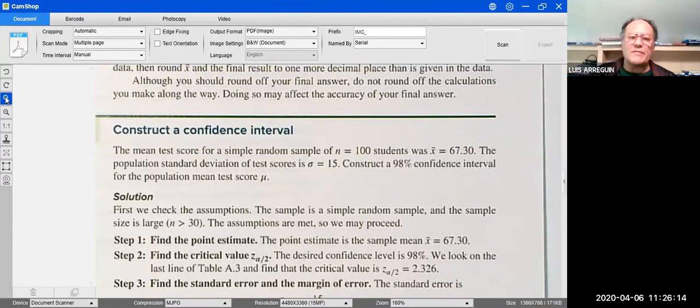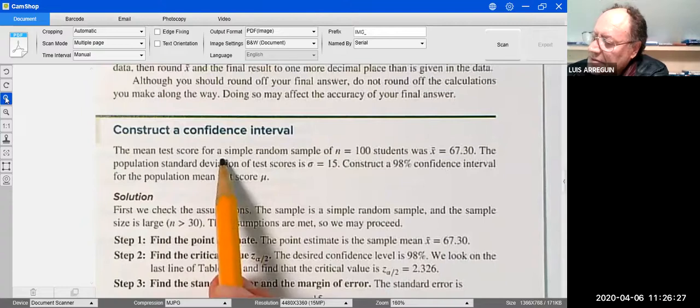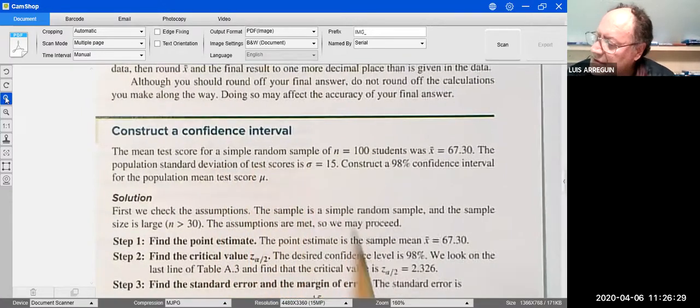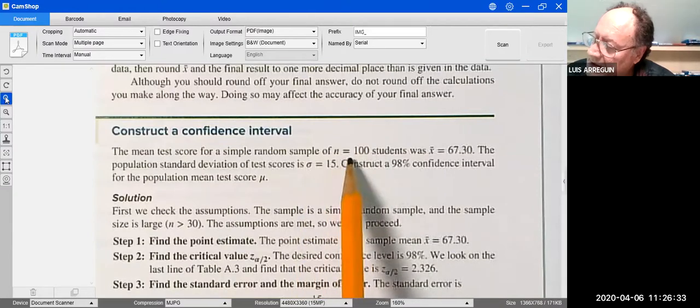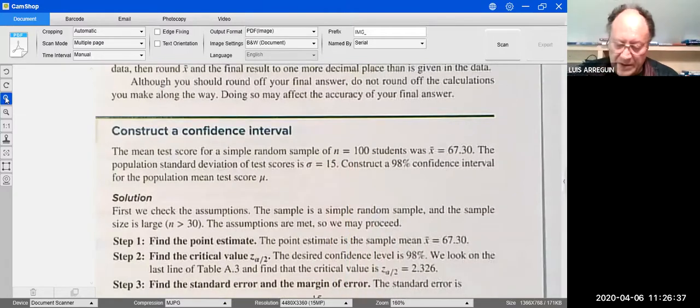So that's our problem. Your book suggests first checking the assumptions. The sample is a simple random sample. We read that. It's written in here. So you read simple random sample. That's the first assumption. The second assumption is that the size of the sample is greater than 30. So that means that there is normality, or you can assume normality, for the purpose of using a sampling distribution.